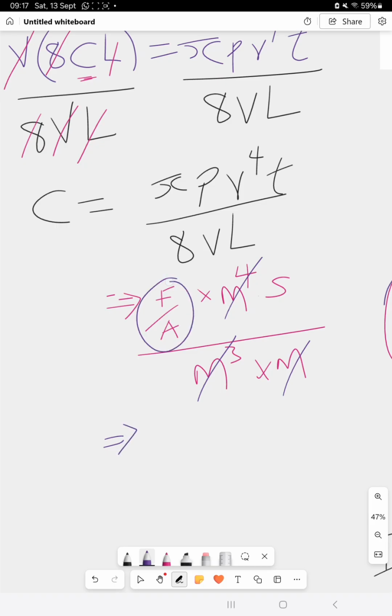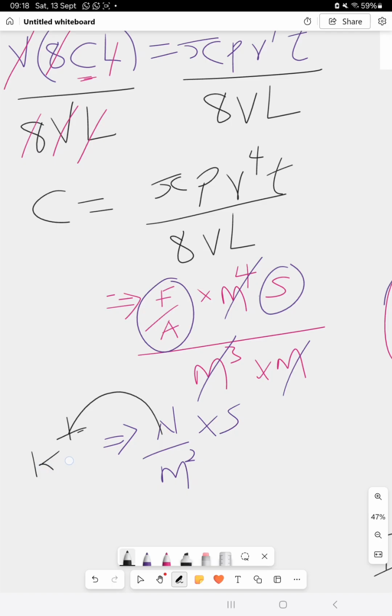Now, what are the units of force? Newton. The units of area is meter squared, then times S. But remember I told you this is the same as kilogram meter over S squared.